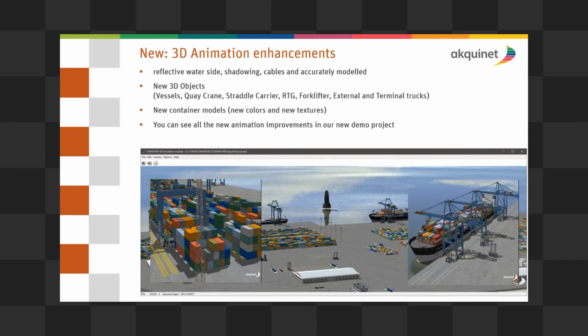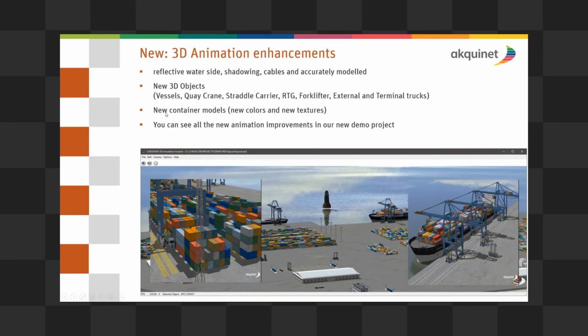For this, we also did a lot of things last year. We now have reflective water. You see it here. I will show you this more in the live system. We have also done a lot of work to build new cranes and new equipment, because here you can change the colors and so on.